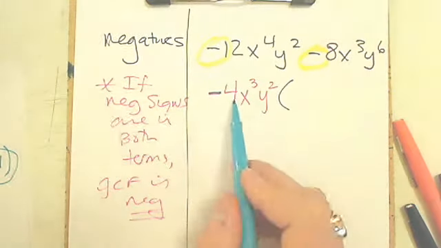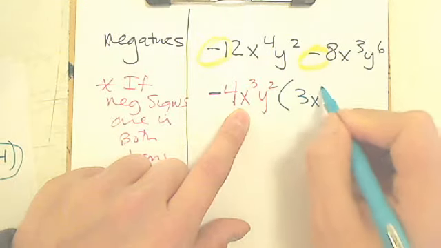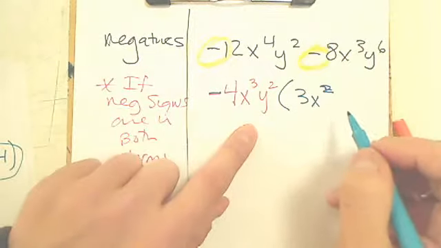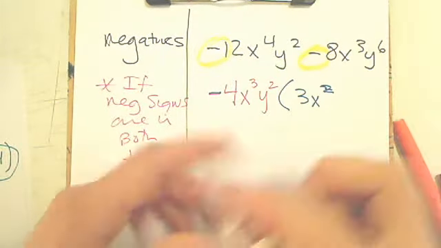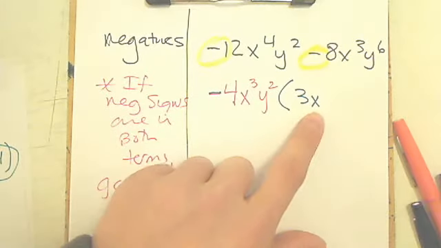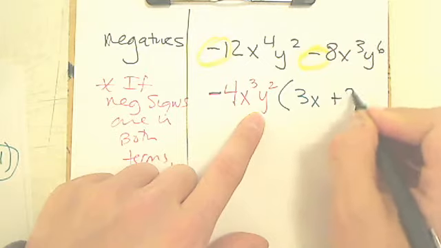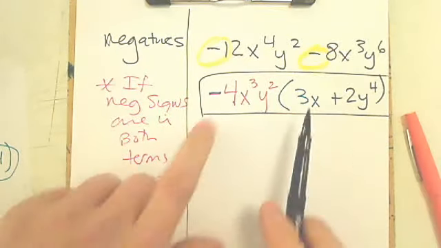Leftovers, please. 4 becomes 12 divided by 3, positive 3, x, just x here. And what else? Plus 2y^4. I know that's correct by checking it.